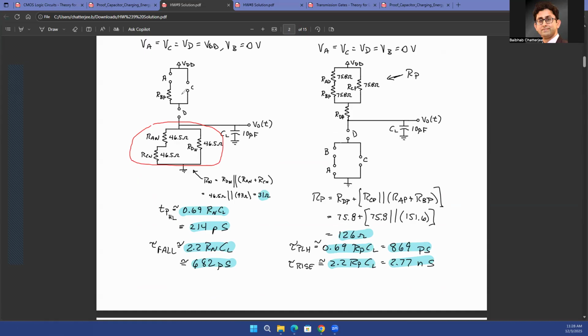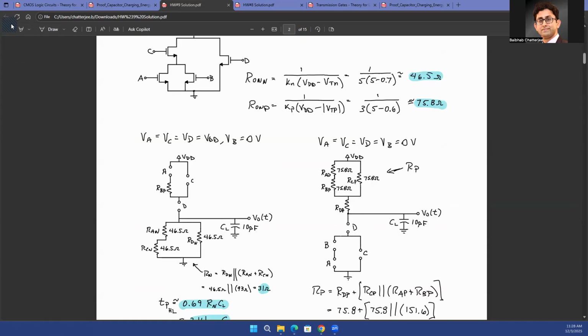So you had A, let's go back to the circuit a little bit. So you had this A in parallel with B, and then you had D in parallel to that, you had C over here. Now in the question, it was given to find the high to low propagation delay or low to high propagation delay when your VA, VC, and VD are equal to digital 1, and VB is equal to a digital 0.